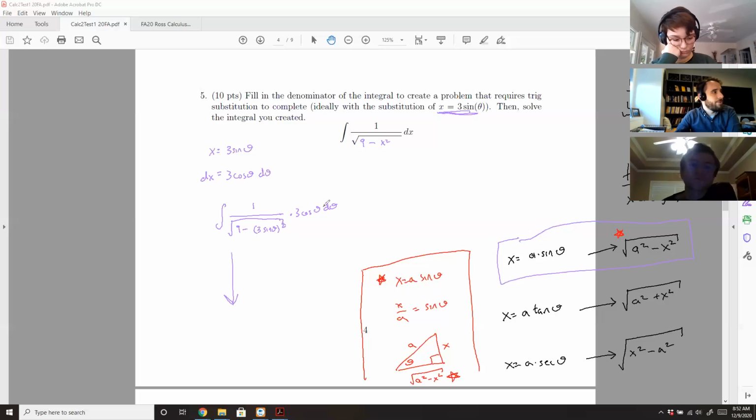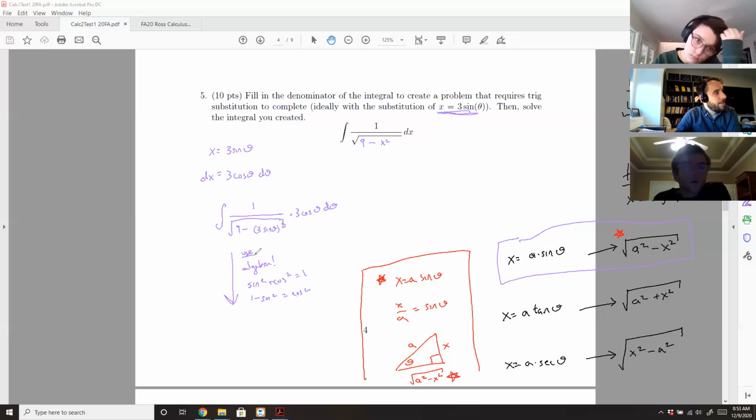But a lot of the joy of this comes from, at this point, we can begin manipulating that denominator using algebra and using the fact that sine squared plus cosine squared equals 1. And therefore, 1 minus sine squared equals cosine squared.